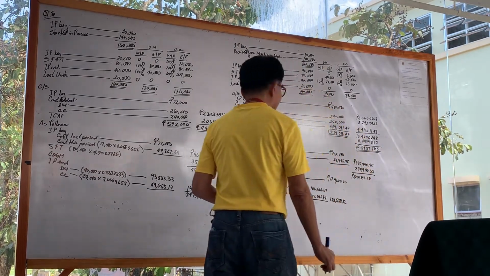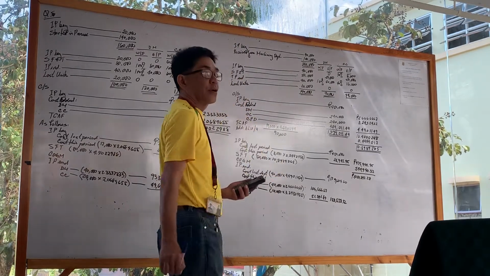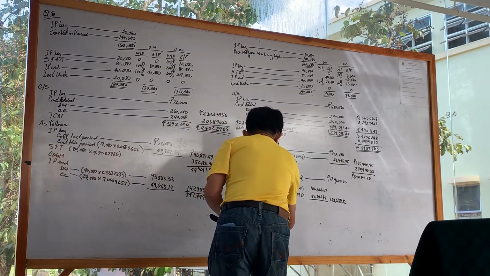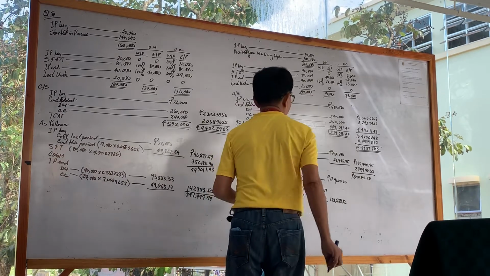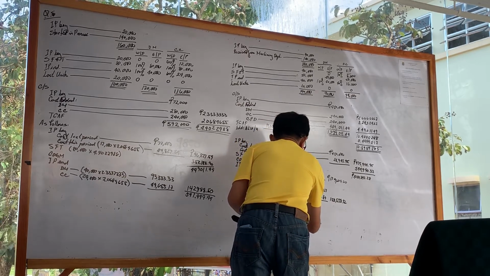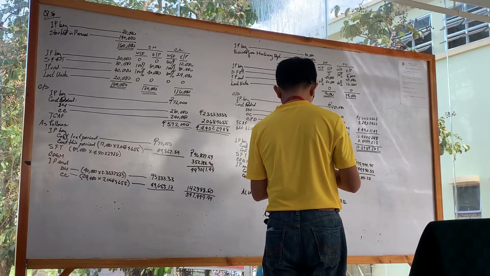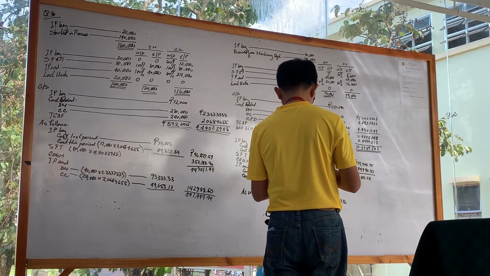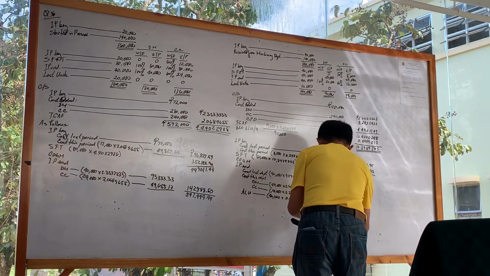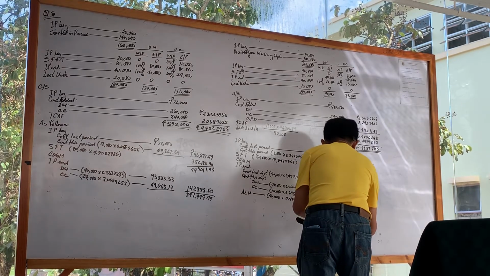Last but not the least, adjustment for lost units, which is 40,000 times 0.498917, that is 19,956.07.